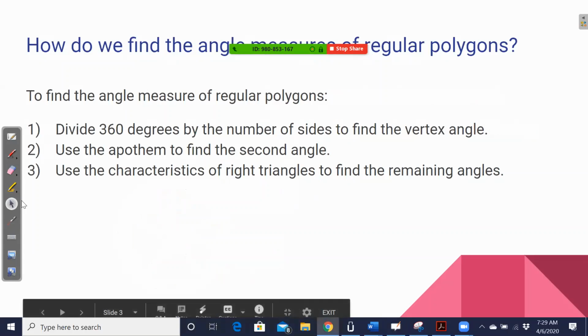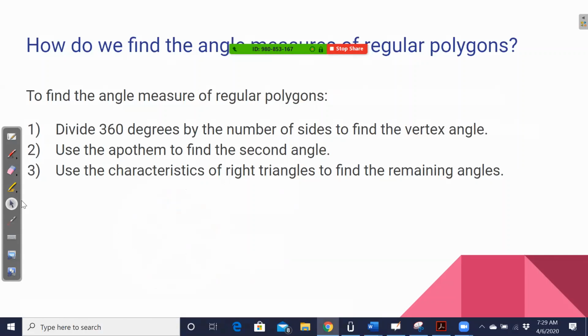So if we're trying to find the angle measure of polygons, we need to divide 360 degrees by the number of sides to find the central angle. And if we have to find multiple angles, we have to use the apothem and the characteristics of a right triangle. But mainly your step to finding the angle measure is going to be dividing 360 by the number of sides.